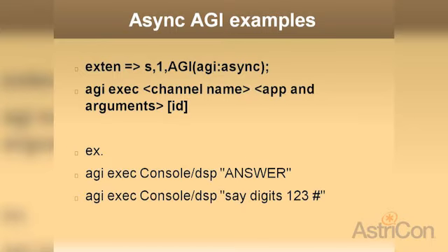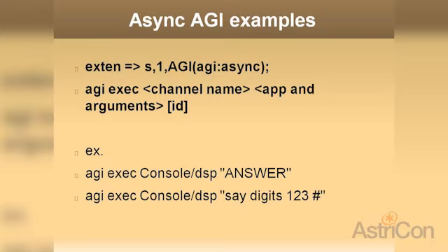You see, from the dialplan, you simply execute AGI, agi:async. And after this, from the CLI, you can call AGI exec, your specific channel name, and the application and arguments you want to run on the channel. For example, here, I've launched my AGI async, and right after on the CLI, I did an AGI exec, my channel, Console/dsp, Answer.